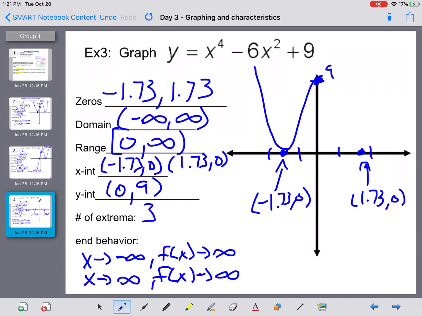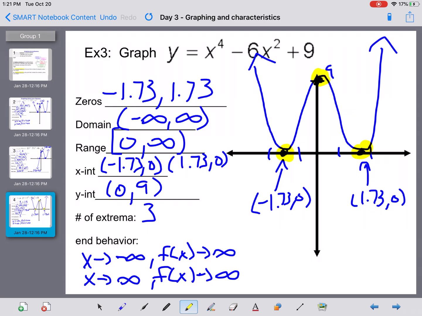That's our relative max. We're going to turn back down, bounce, and come back up to look something like that. To point out, these two would be absolute mins because that's as far down on the graph as we go. So they are absolute minimums as well as relative minimums because you do go from decrease to increase. Whereas the 9 would be a relative maximum, but not an absolute maximum.